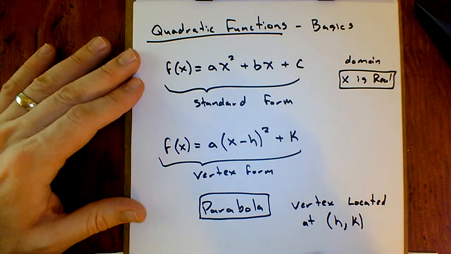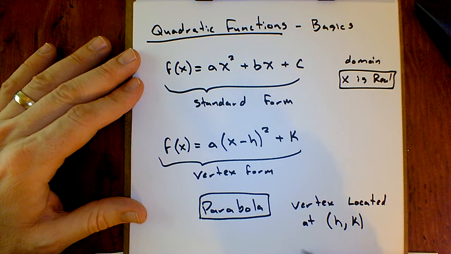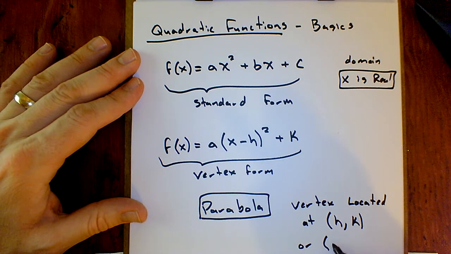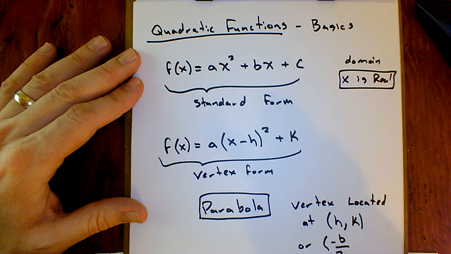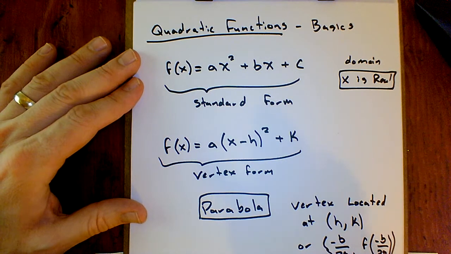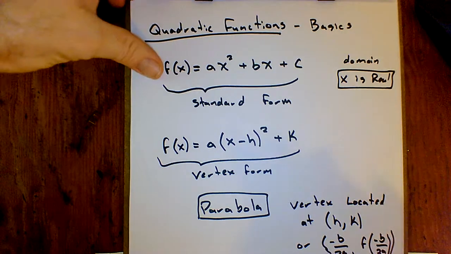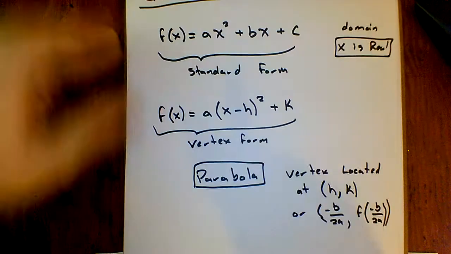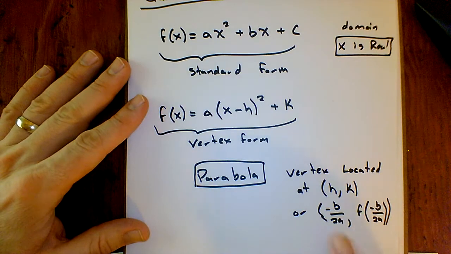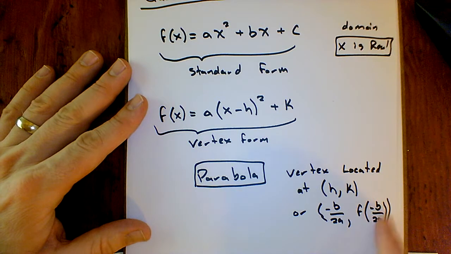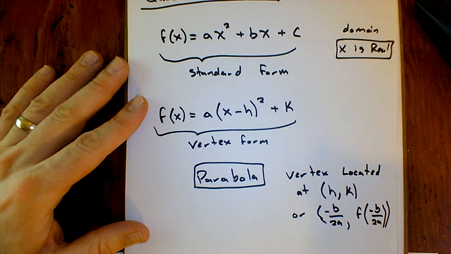Or if we use our standard form, we'd say that our vertex is at negative b over 2a, and then the function at that value. Because this ordered pair is just an x and y, of course, this is simply the y value associated with this x.